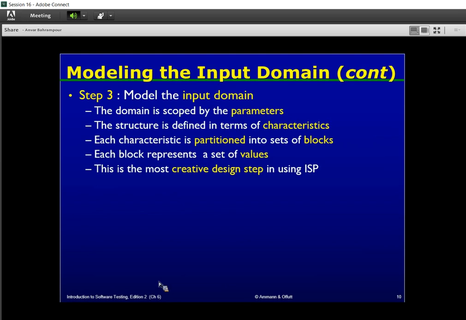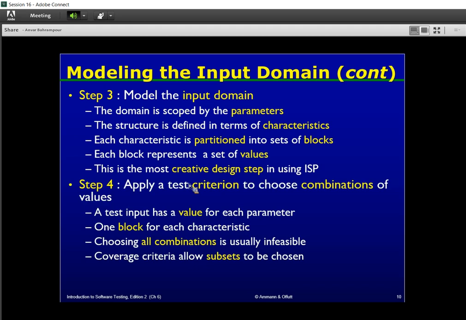In step 3, we should model the input domain, and I've talked about this step. As you know, this is the most creative design step in these techniques, and the tester should try a lot to design more effective tests.